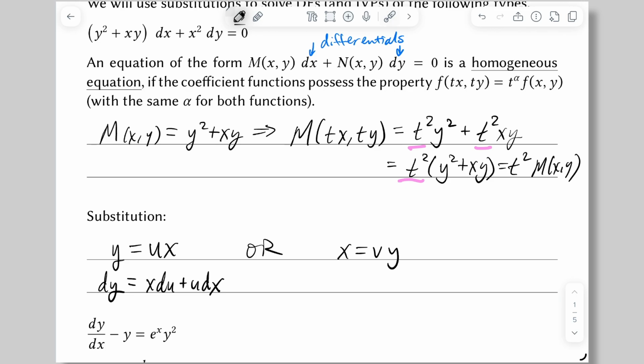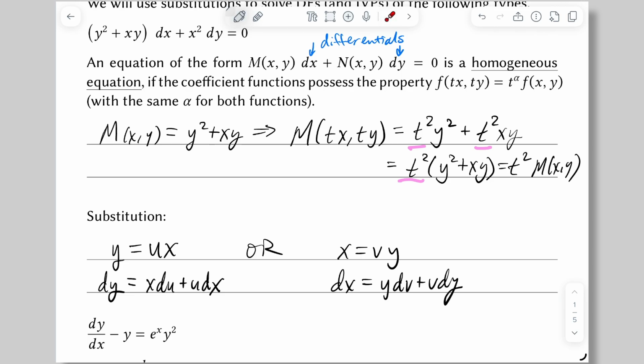In the case of using x equals v times y, we would consider v to be a function of y, so v times y is a product of functions of y. And we would end up with dx equal to y dv plus v dy.